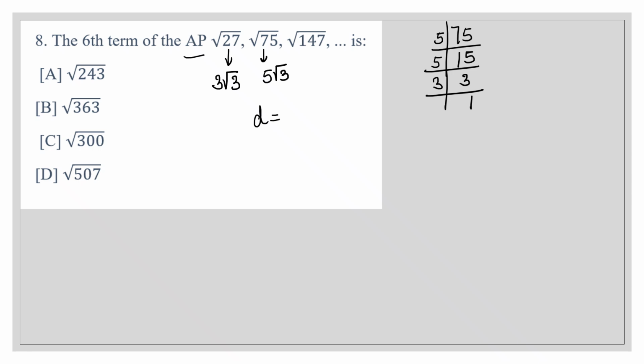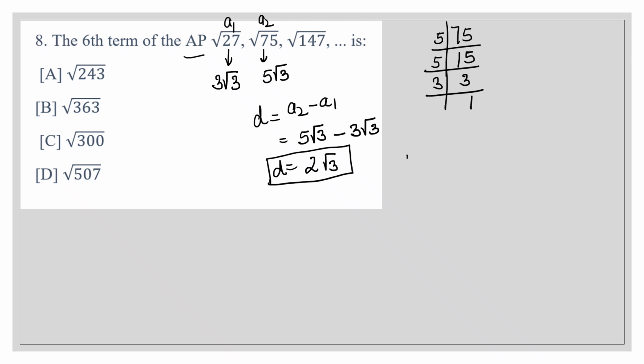So what is d? This one is a1, this one is a2. a2 minus a1 is 5 root 3 minus 3 root 3. Both have the same root value, root 3, so subtract 5 and 3. This will give you 2 root 3. This is the value of d.